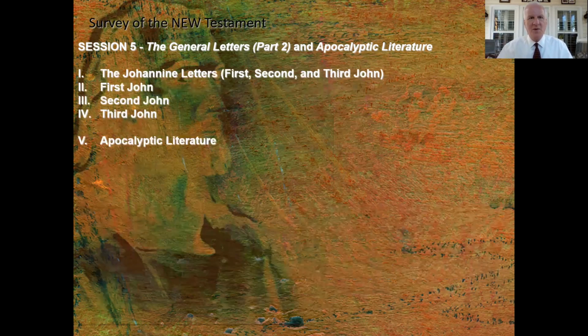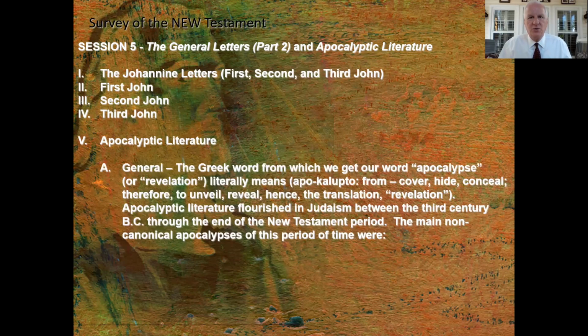We're going to spend most of our time thinking about the closing book of the New Testament, also associated with John, Revelation. Revelation belongs to a body of literature known as apocalyptic literature.